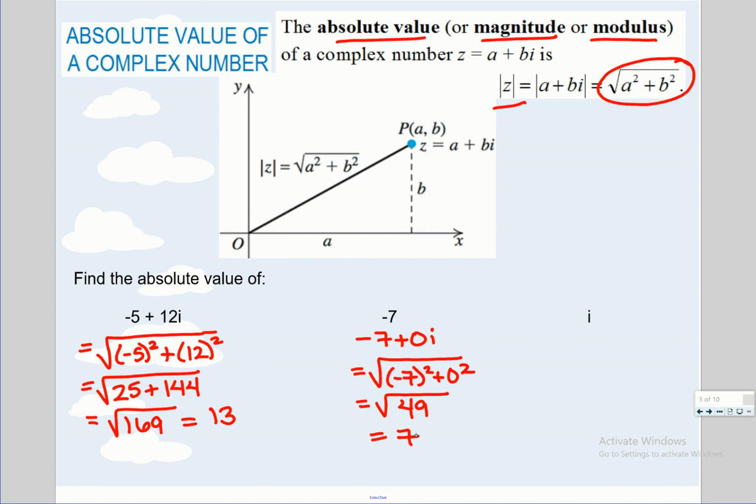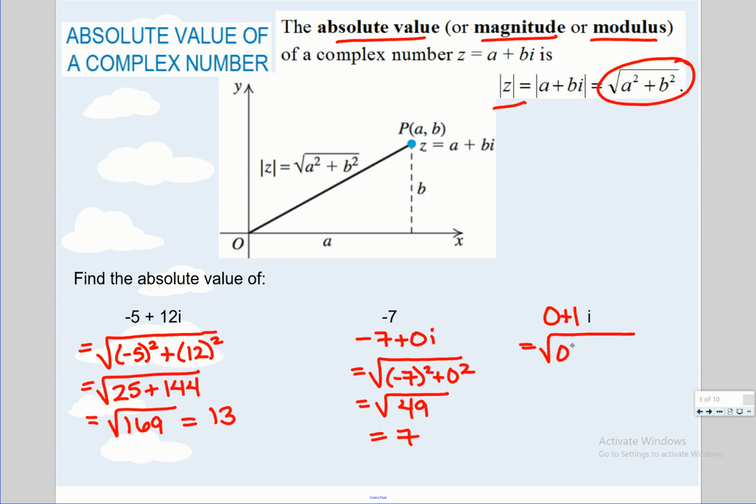It also works if you just have an imaginary number. This, again, probably not one you want to use a formula for. If you imagine graphing i, it's just going to be 1 unit up on that imaginary axis. So the distance to the origin is 1, but you can see that with the formula if you want. You can think of this as 0 plus 1i if I wrote it in that complex form.